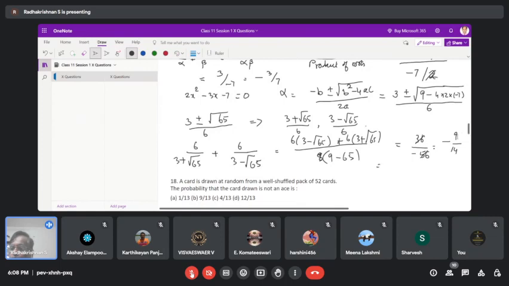So again, you divide by 2. Wait. There's something wrong in this calculation. 3 by 7 we should get.